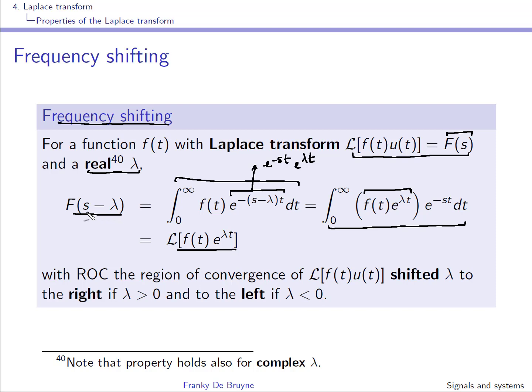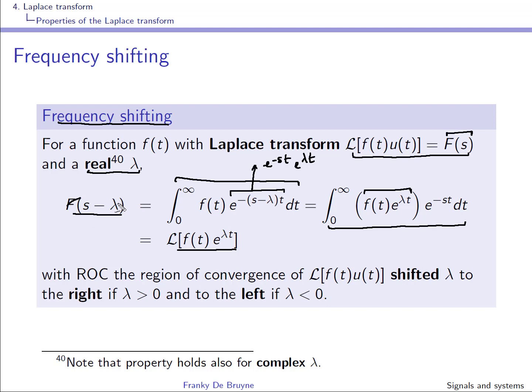So this means that if you multiply in the time domain by an exponential, that will dampen, or to the contrary, that will multiply the function with a growing function, what happens in the frequency domain is that you shift.